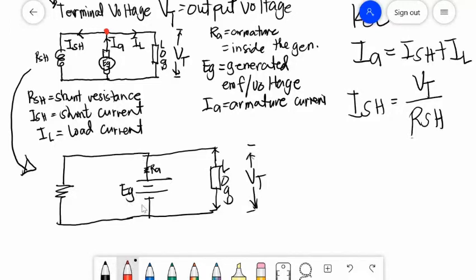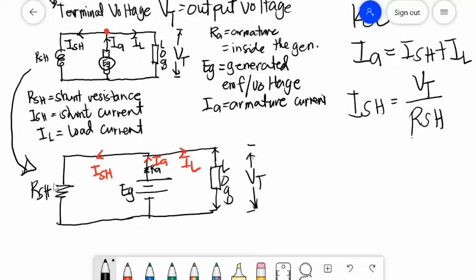The direction of current through RA is upward, IA. This is ISH, and then the current to the load. This one is RSH.